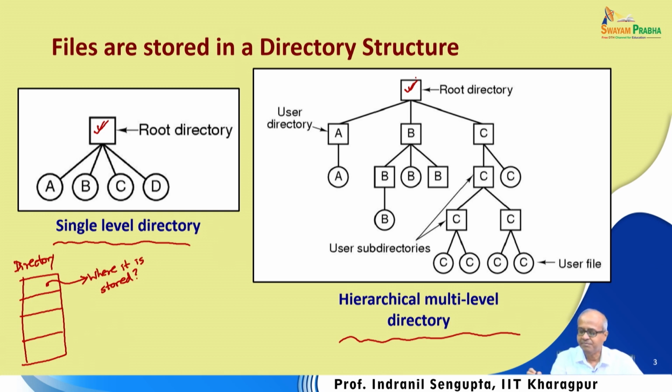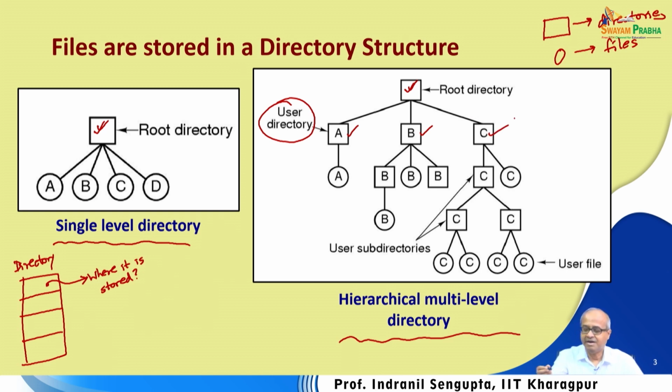See, in this diagram the squares are used to denote directories or subdirectories, and the circles are used to denote files. So, you see under the root directory I have created 3 directories. These are user level, users can create these. Let us say one I am giving the name A, you can give any name, B, C. Under this you can create other directories.